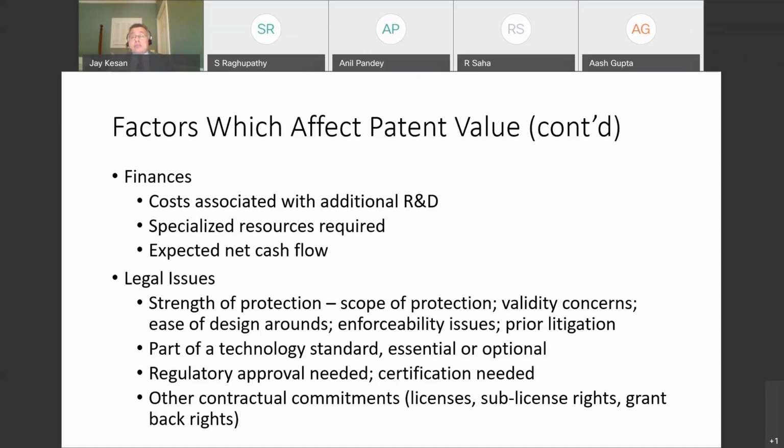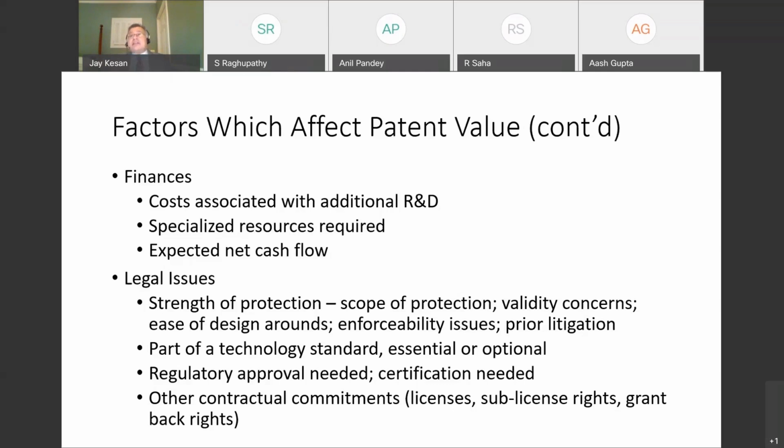The more money that it's going to take to do all that, the less valuable your patent becomes, because the person who wants to get the patent from you is going to have an eye towards all the additional expenses that they have to make. In addition, are there some specialized people, some specialized machines, some specialized resources needed to test and deploy your patent? That will also be taken into account.